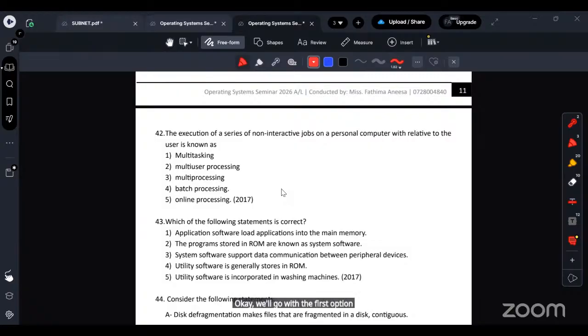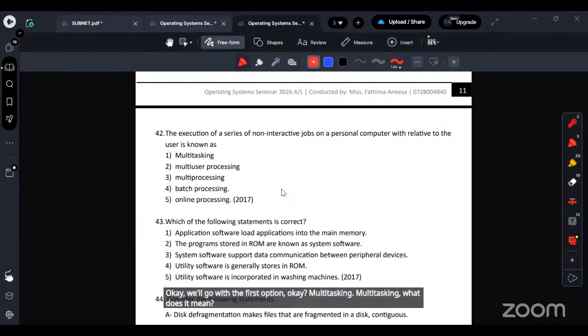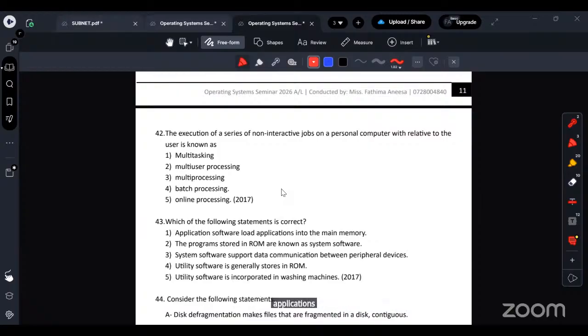Multitasking, what does it mean? It refers to a single user running multiple applications. Did they say anything over here about single users? They are saying a series of non-interactive jobs.